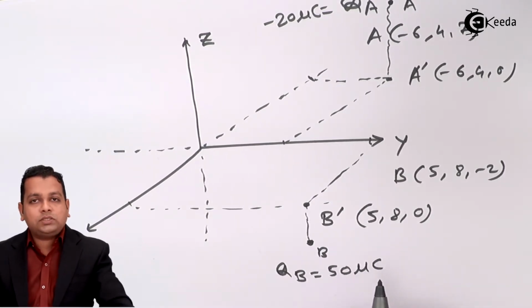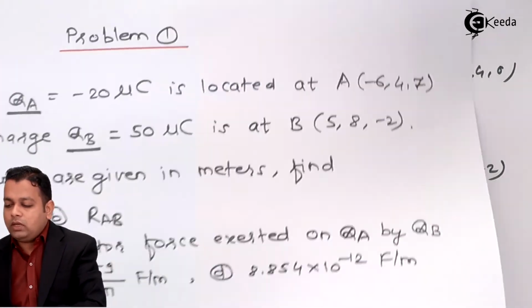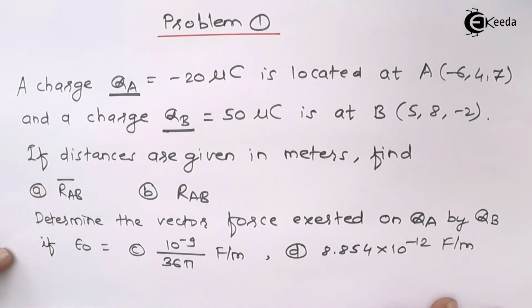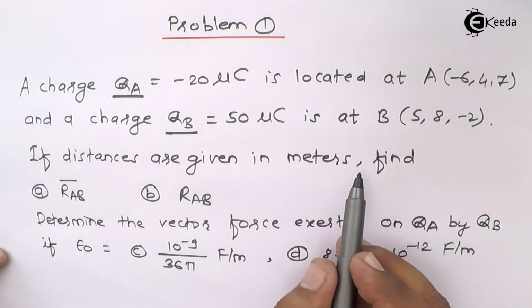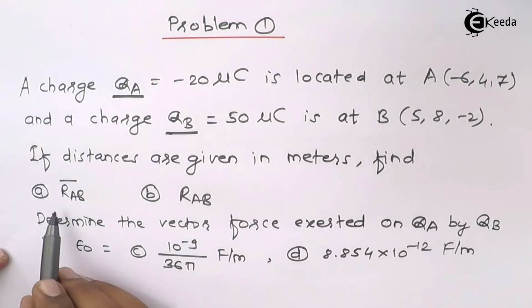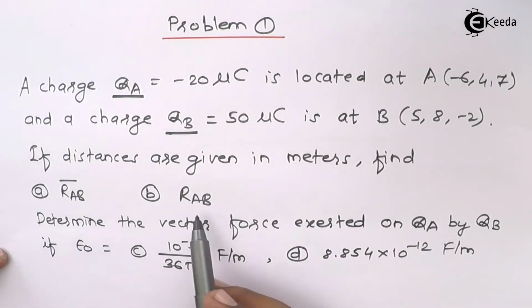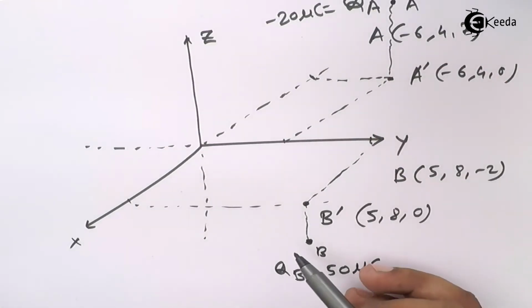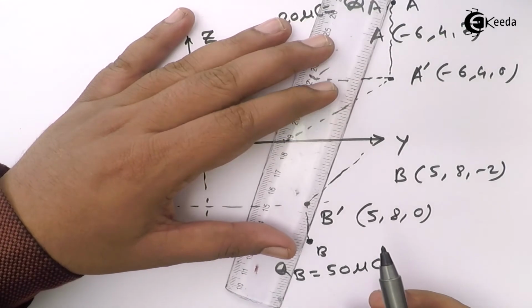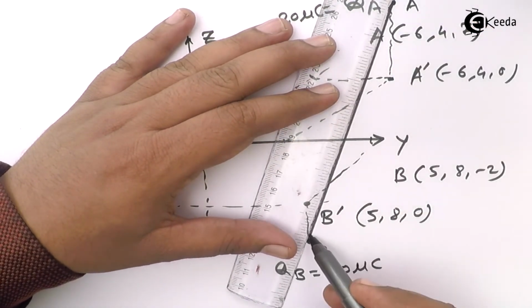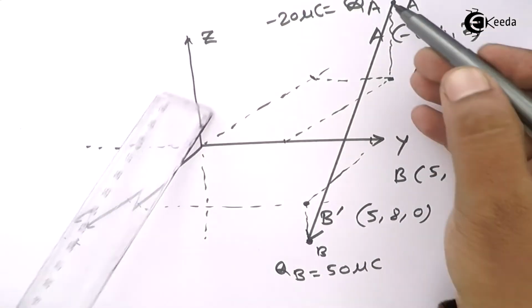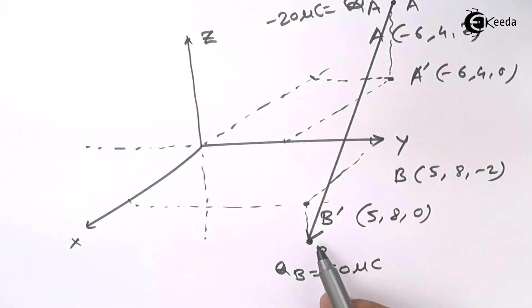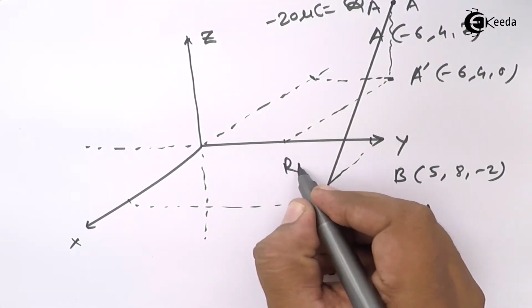Now, what is asked? If the distances are in meters, that means SI units, we have to find RAB bar, and then the magnitude of RAB bar. A is here, B is here. If I join them, this is a vector starting at A and ending on B. So this is our RAB bar.